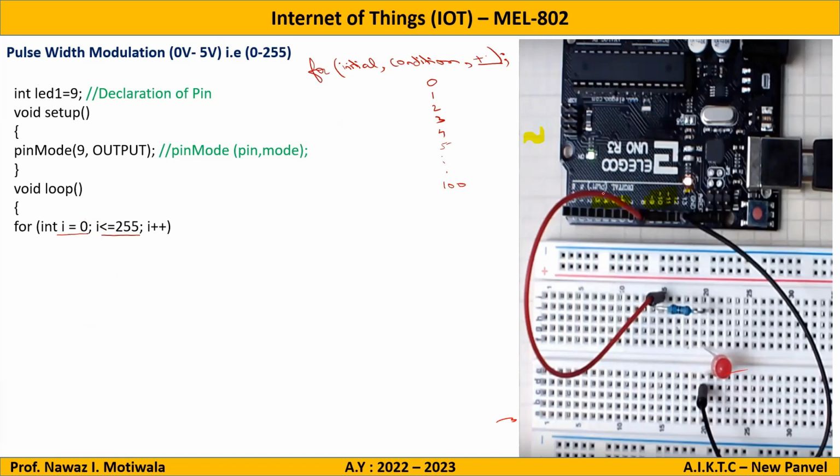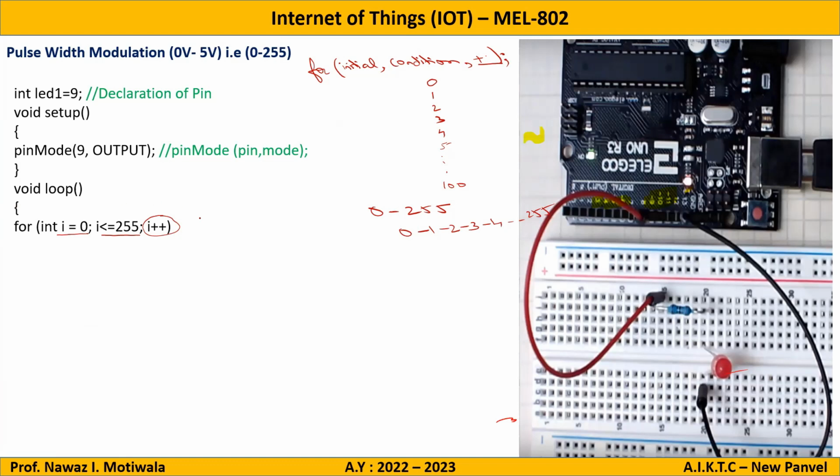So it will start from 0 and go up to 255 at an increment of 1, i++. So i++ means increment of 1. From 0 it will go to 1, then 1 to 2, 2 to 3, 3 to 4, and so on. And finally it will reach 255.